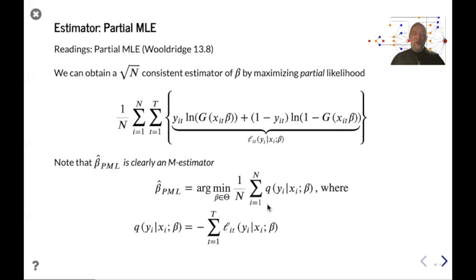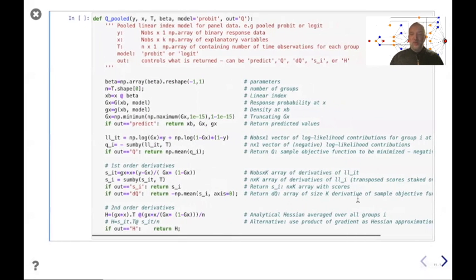What is the objective function? Well, that's the negative of the sum of all these likelihood contributions over time, negative because we want to turn maximum likelihood into minimizing some objective function. So we can just directly apply those properties.